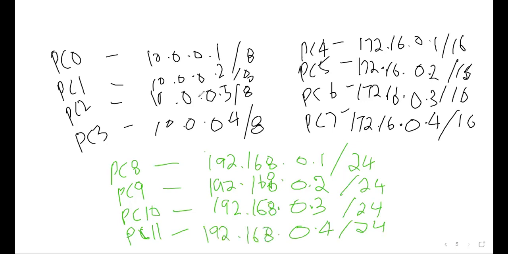Then, after you assign the IP addresses, check who can communicate with whom. For example, from PC 0 to PC 1, try to ping and see what the result is.